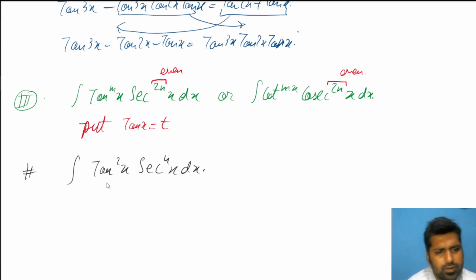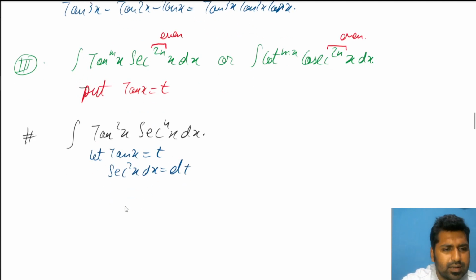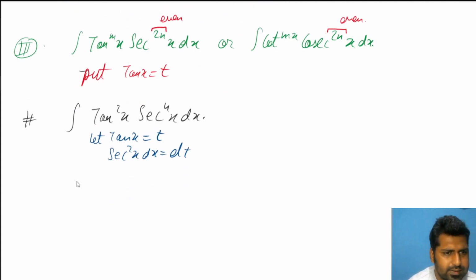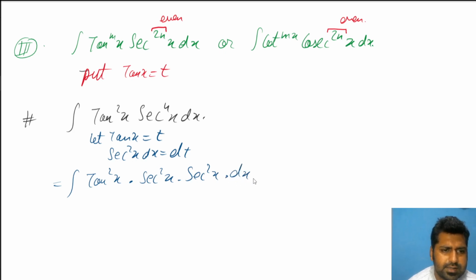Let's see. So I'll start from here, same thing. Let tan x is t. You'll say yes, sec square x dx is dt, but there is no sec square, there is sec raised to power 4. So fine, more power is there, not less. So what you do is you generate, let's rewrite this, tan square x, then sec power 4, I can rewrite this as sec square x in multiplication, then dx.